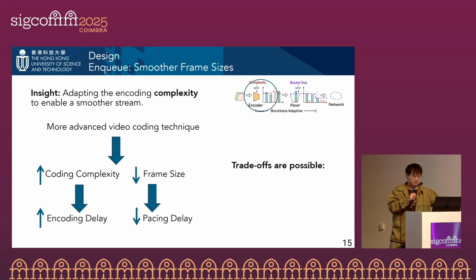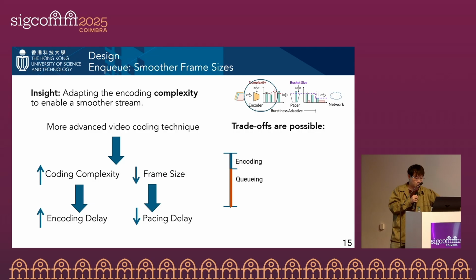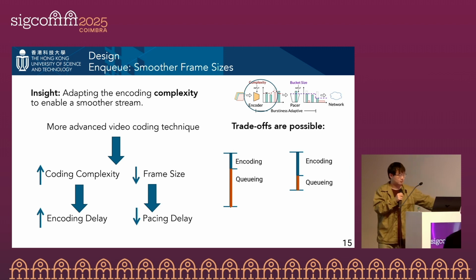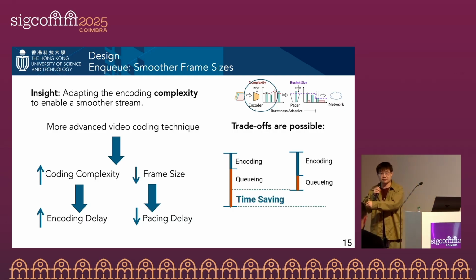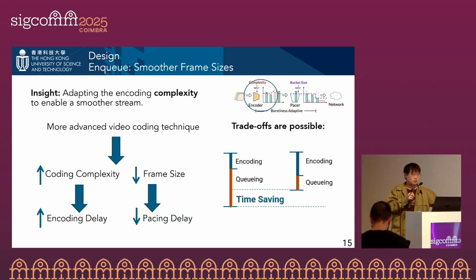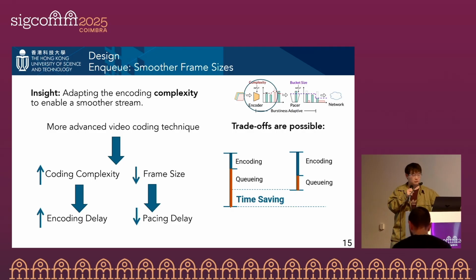So there is a possible trade-off here. If increasing the encoding time by a small amount can lead to a much larger reduction in the queuing delay, the total latency can decrease, and we'll have a time saving. So we finally select a set of encoding complexity parameters to control the complexity.